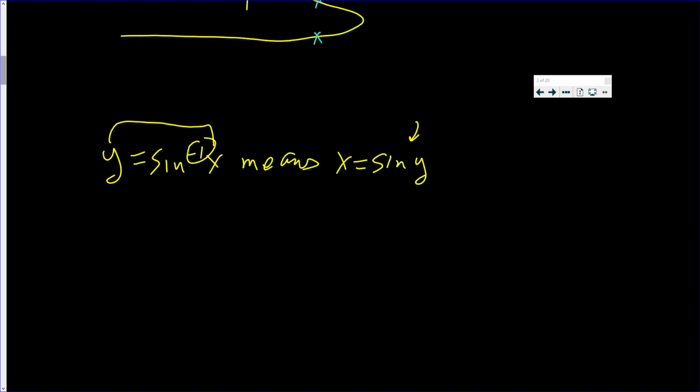And if there was no inverse here, you can interchange x and y's, but then you have to put the inverse. Now, that's what I wrote: y equals sine inverse of x means x equals sine y. This is not enough. You have to say and y is in between negative pi over 2 and pi over 2.